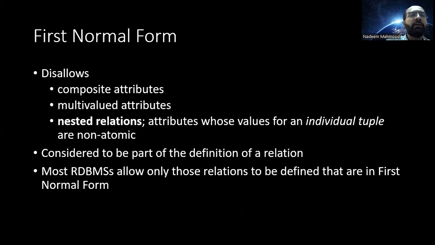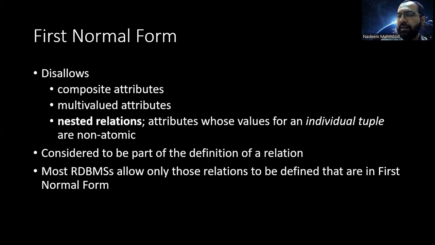So we start our discussion with the first normal form. First normal form says that every relation must obey the basic properties of relations, and it disallows composite attributes, multi-valued attributes, and nested relation attributes whose values for an individual tuple are non-atomic.